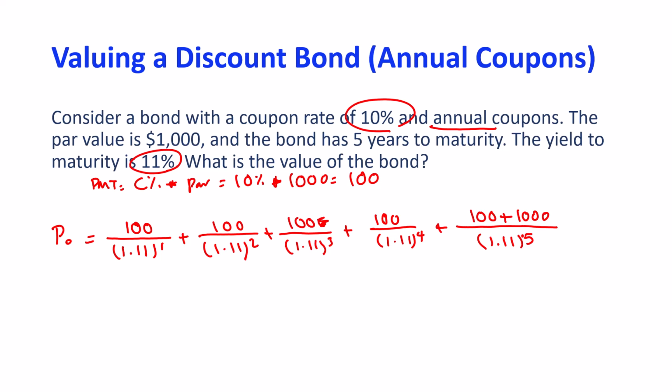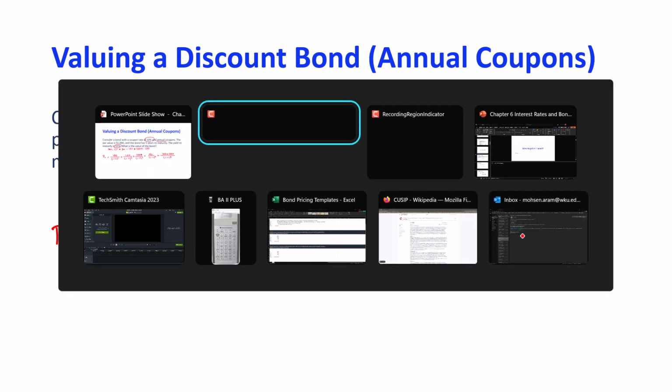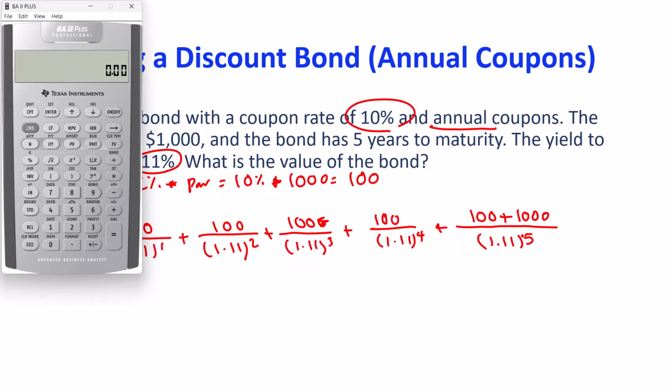So let's see how we can do this in the financial calculator first. In the financial calculator, we input the face value of 1,000. That's what we receive, so I'm going to put a positive sign here. And then we are also receiving the payments, so $100. These two have the same sign because these are the cash inflows for the investor.